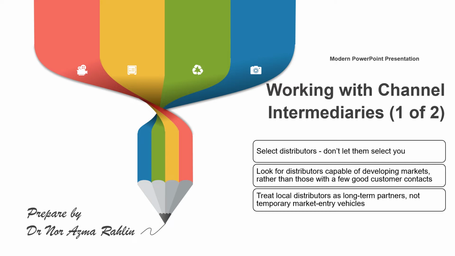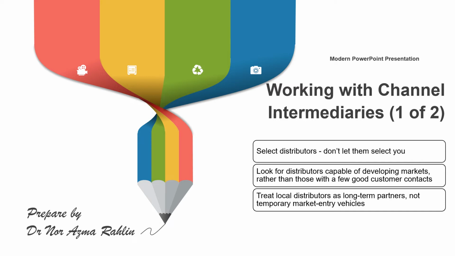So we want to know the meaning of intermediaries. Intermediaries, also known as distribution intermediaries, marketing intermediaries, or middlemen, are an extremely crucial element of a company's product distribution channels. Without intermediaries, it would be close to impossible for a business to function at all.